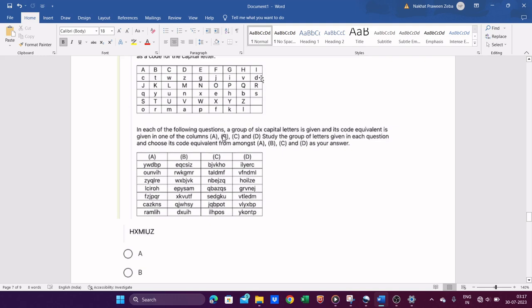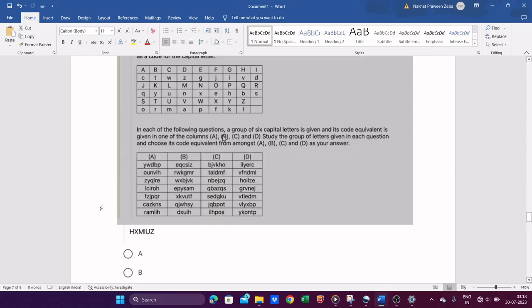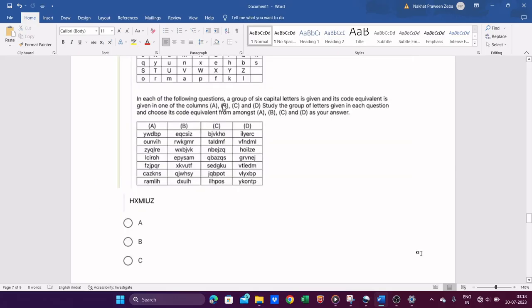For I, it is D, and for U, it is M, and for Z, it is L. It's not I, it's L, right? So VFNDML. Now you need to identify from these four columns A, B, C, and D where that word is given. VFNDML. Wait a minute.